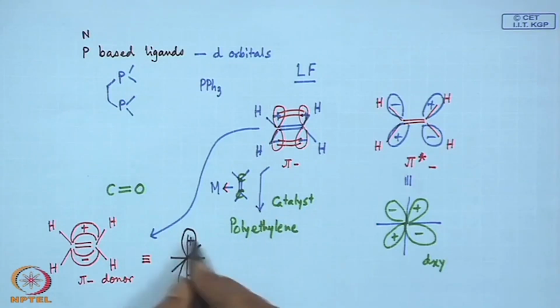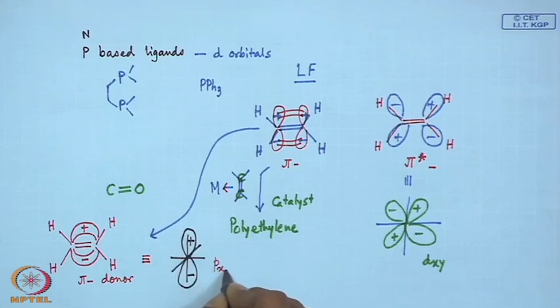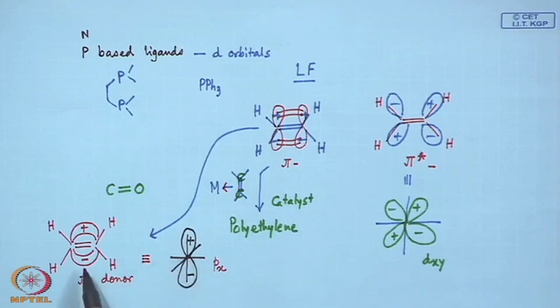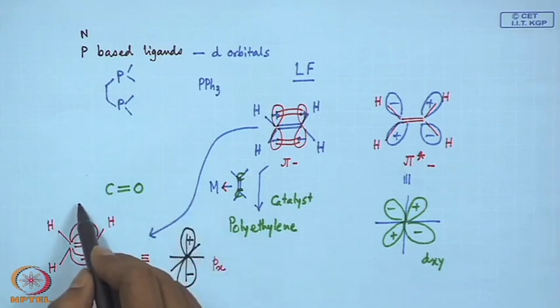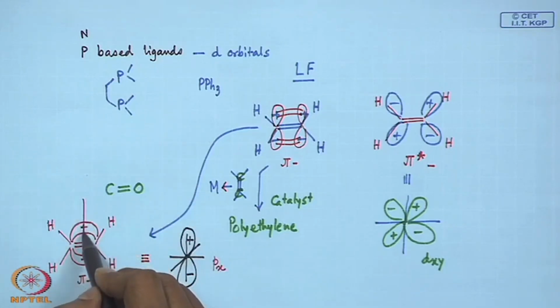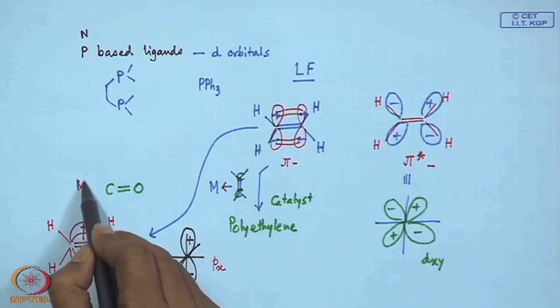As we all know, the p orbital, if it is in the x direction or y direction, has the corresponding matching symmetry. So, like our oxygen or nitrogen, the filled electron density from the px orbital is being donated to the metal center. Similarly, this ethylene can donate the electron density to the metal orbital.